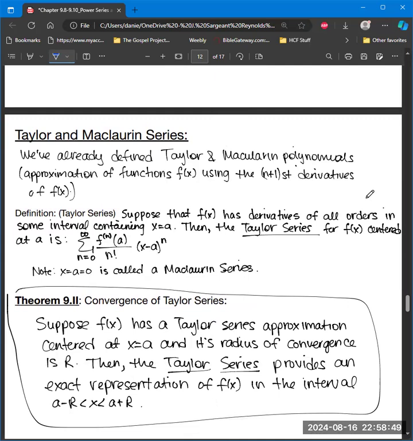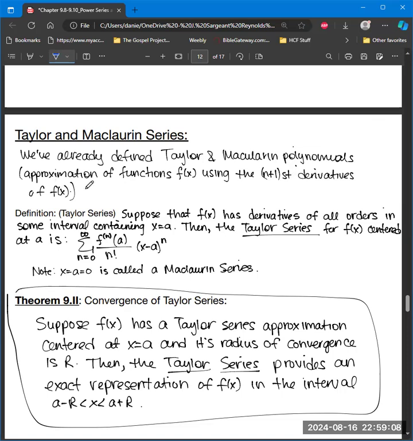So moving on here to talk about Taylor and Maclaurin series. We've already defined what a Taylor and Maclaurin polynomial are last time. They're approximations of functions f of x using the n plus 1 that many derivatives of f of x.